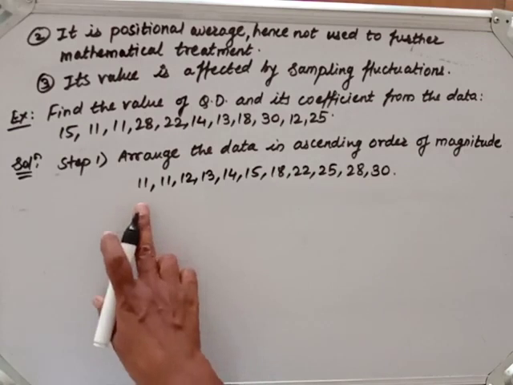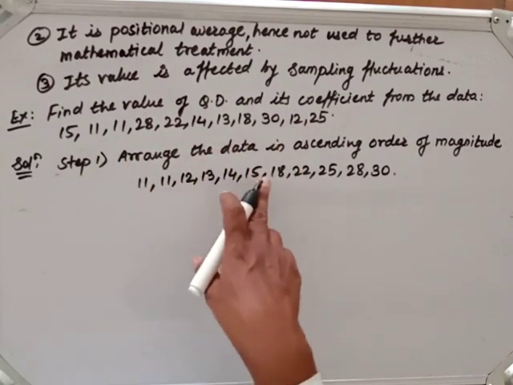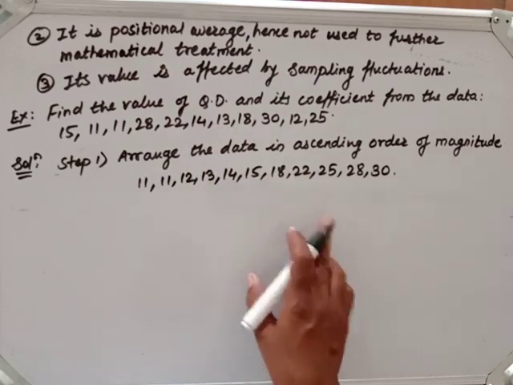So 11 twice, then 12, 13, 14, 15, 18, 22, 25, 28, 30.